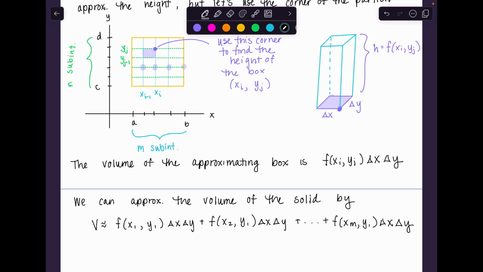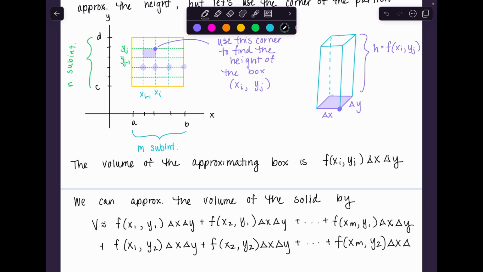And so adding up the volume of each of these boxes, we really get the same thing, except the y has changed now. And then you keep going in that row until you reach that last subinterval.